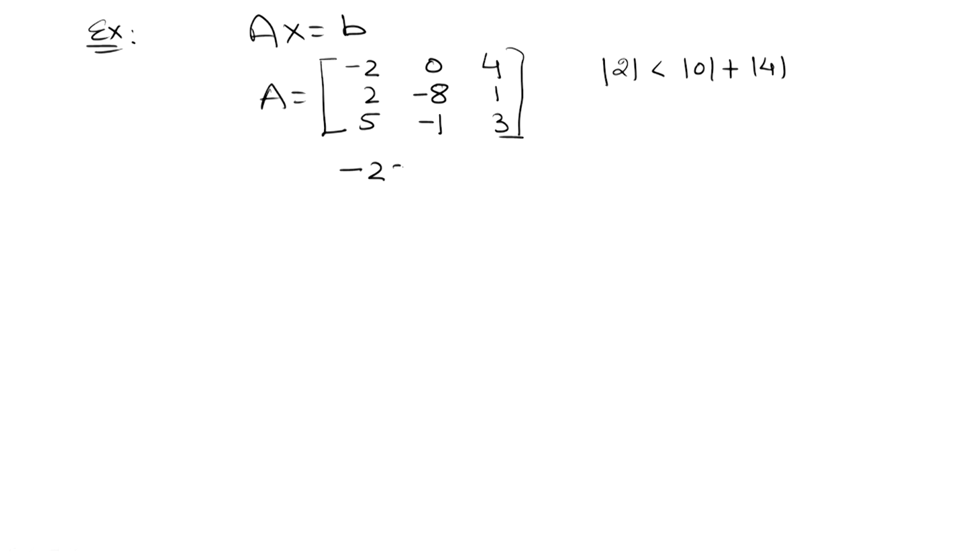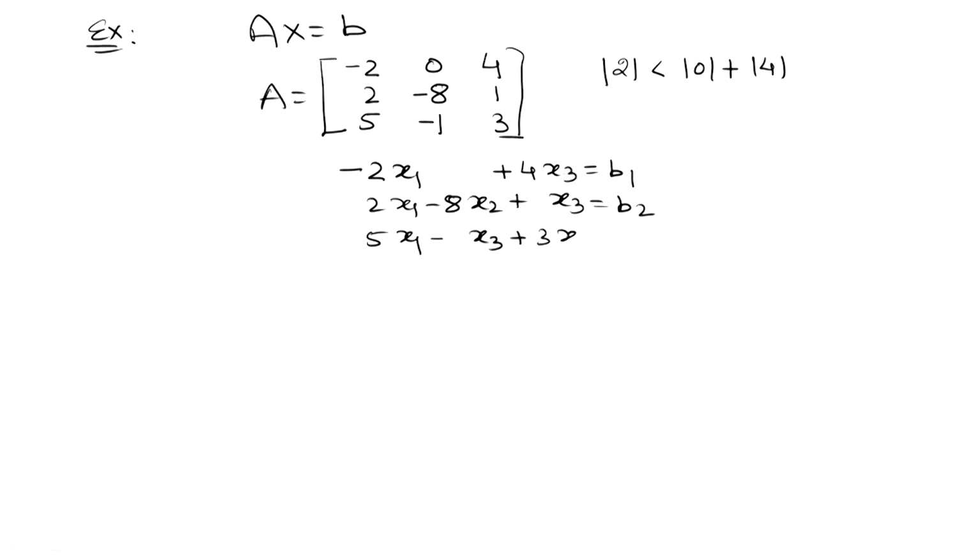However, if I write the equations, the first equation becomes minus 2x1 plus 4x3 equals b1. The second equation is 2x1 minus 8x2 plus x3 equals b2, and 5x1 minus x2 plus 3x3 equals b3.